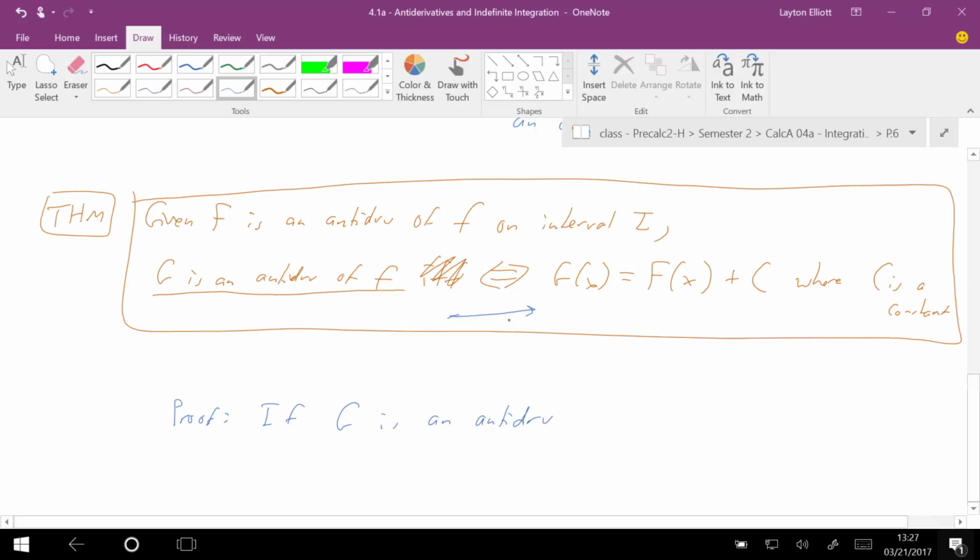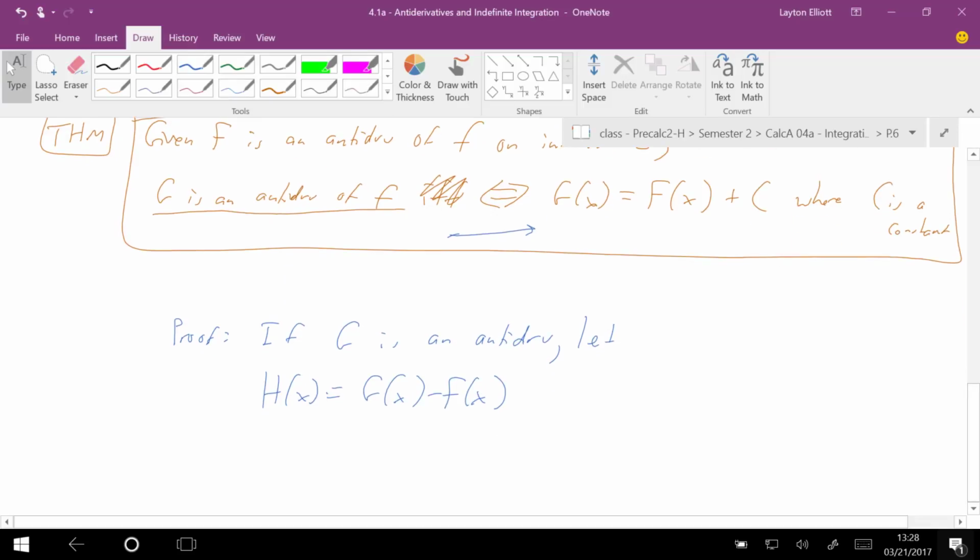We're going to let h of x equal the difference between g of x and f of x. This is not necessarily an intuitive thing, but I'm going to let h of x equal that difference. And if I do h prime of x, g of x and f of x both have the same derivative, so they both become little f of x, and that difference is equal to 0.